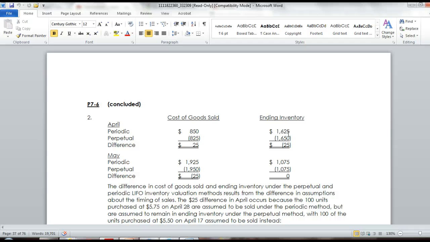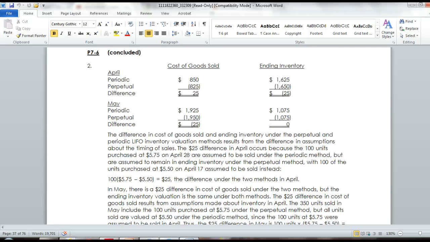Now in May, our periodic showed $19.25, but our perpetual was at $19.50. So you can see the difference again of $25, but our ending inventory remained the same for both periods.